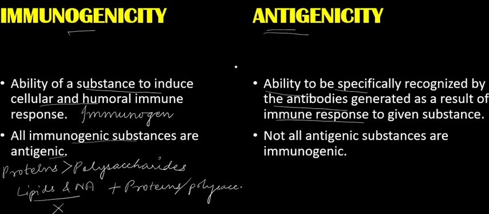Or we can say that any substance which is capable of binding with the final products of the immune response, such as antibodies, B cell receptors or T cell receptors, shows the property of antigenicity. These do not produce an immune response, they only bind, and that is antigenicity.